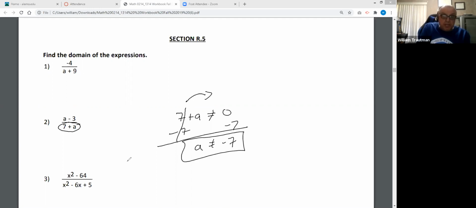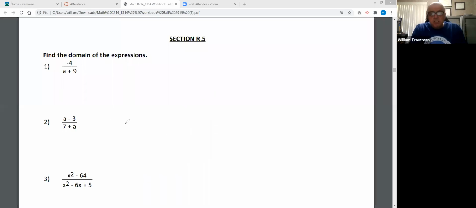That's the domain. What can x equal? It can equal everything except -7. If I put a -7 in here, 7 minus 7 is 0. You can equal 0 on top. You just can't equal 0 on the bottom.